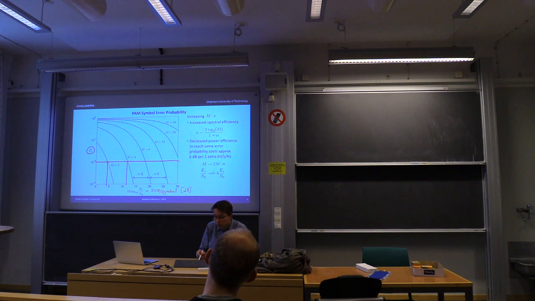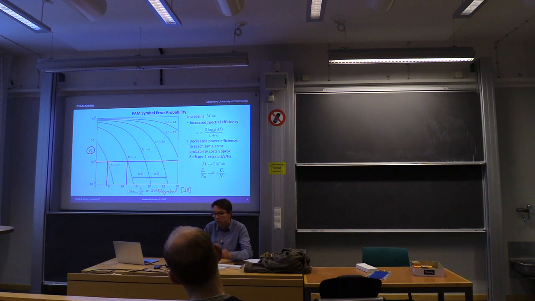Right? So we want to be to the left, but we also want to have M high. So there is a compromise between these two things. The power efficiency decreases when we increase the spectral efficiency. So to reach the same error probability costs approximately 6 decibels per extra bit.